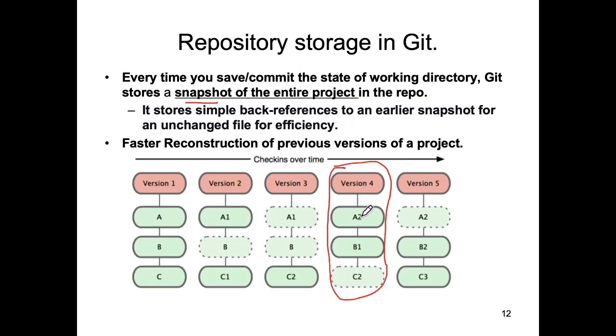I've got a completely new file A, completely new file B. File C didn't change since the previous commit. So it essentially keeps a reference to the previous file C. So it's this idea of taking a complete snapshot of your working area or your working copy or your working directory. That's what Git actually does when you do a git commit.